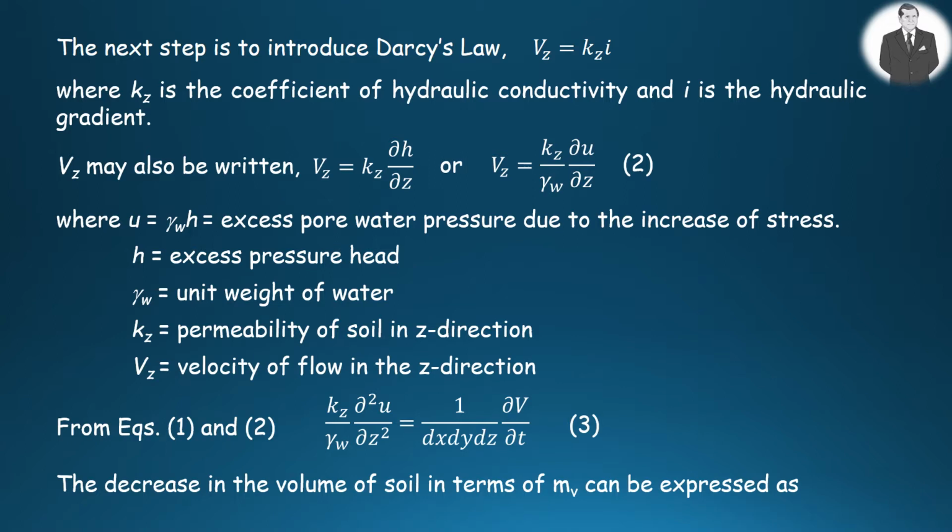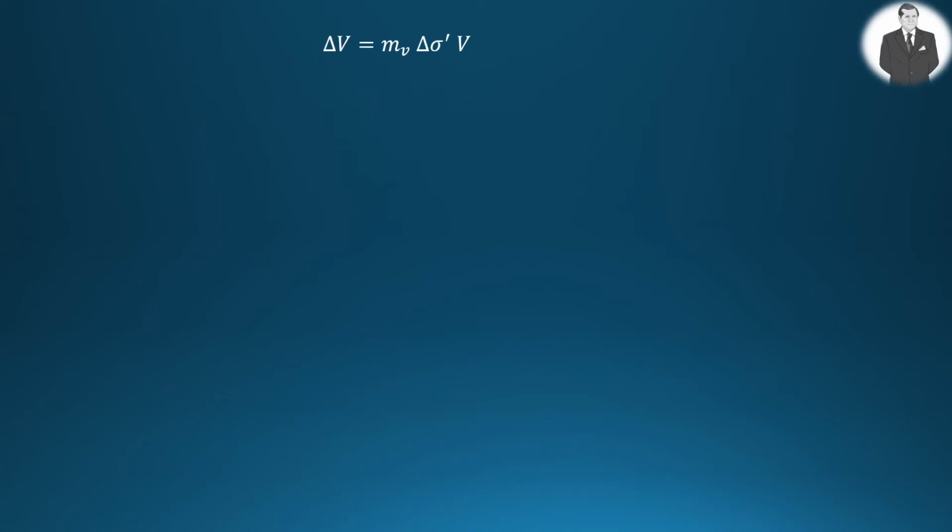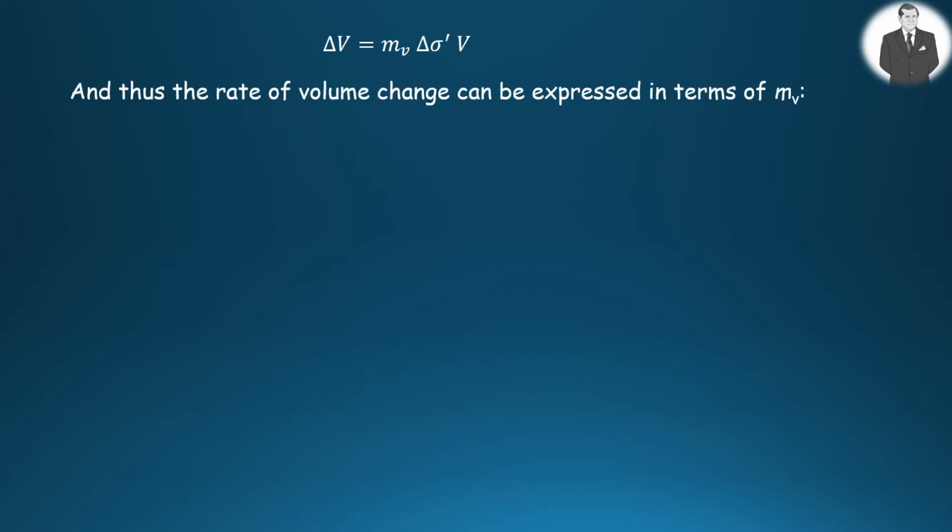The decrease in the volume of soil in terms of the coefficient of volume change can be expressed as delta V, which is the volume change, equal to m sub v times delta sigma prime times V. Delta sigma prime is the increase in effective stress, and V is the total volume of soil mass. And therefore, the rate of volume change can be written in terms of the coefficient of volume change as given here.